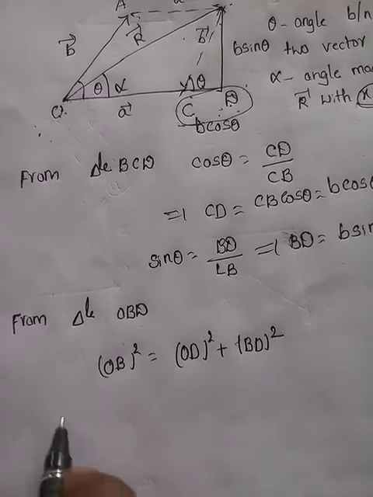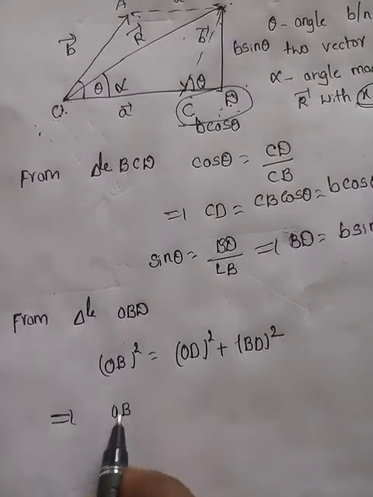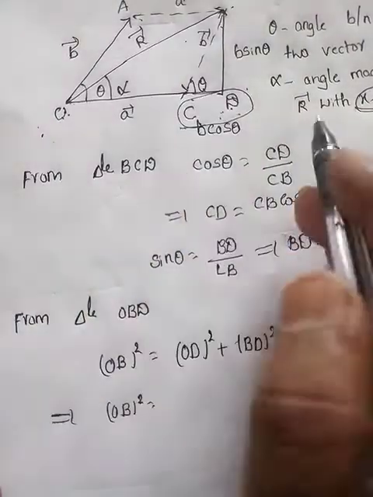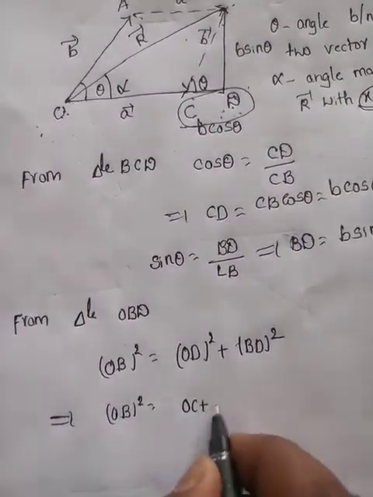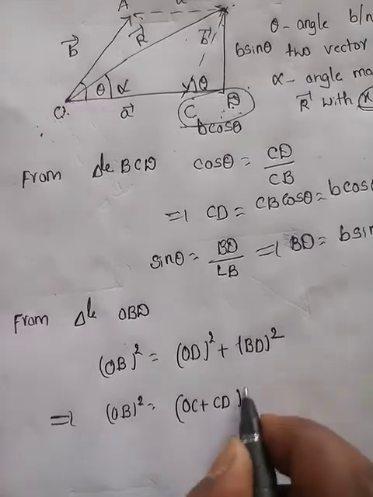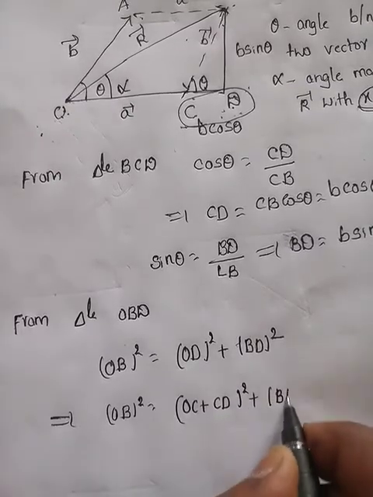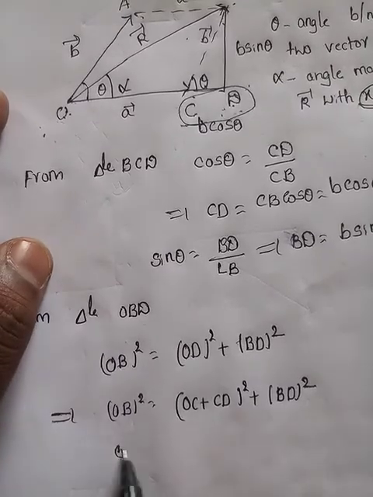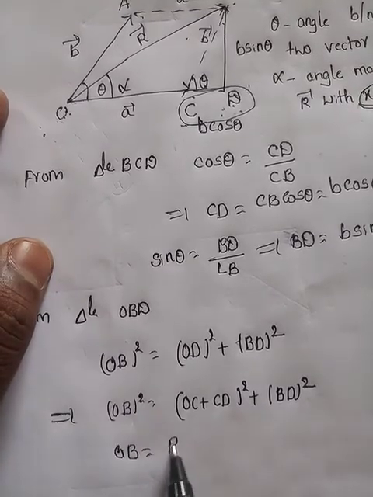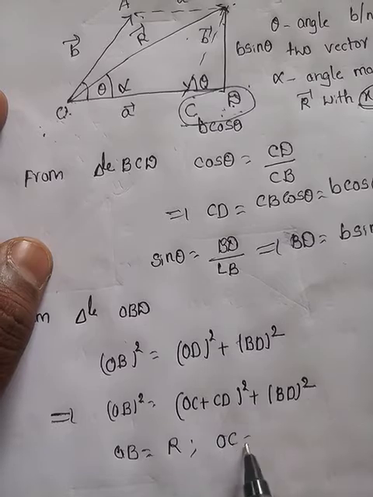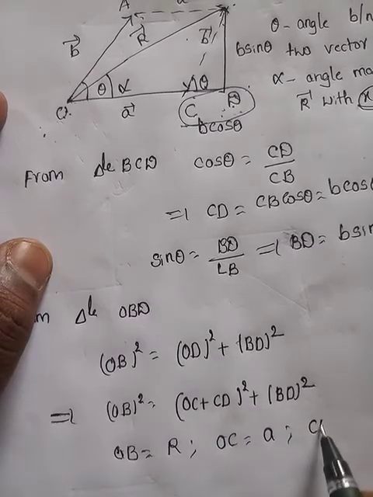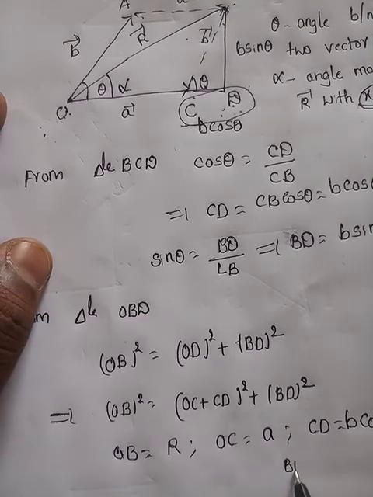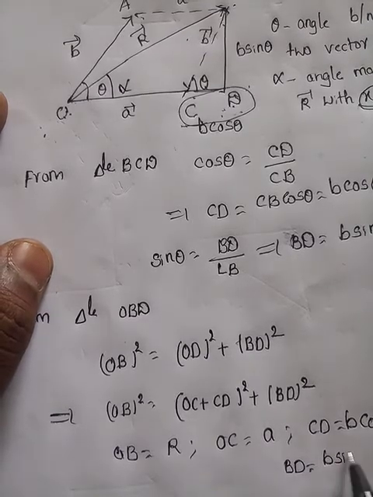I can rewrite this as OB square is equal to OD, which is the combination of OC plus CD, whole square, plus BD square. Take only magnitude. From this, what can you write? From the diagram, OB is equal to R, OC is equal to A, CD is equal to B cos theta, and BD is equal to B sin theta.